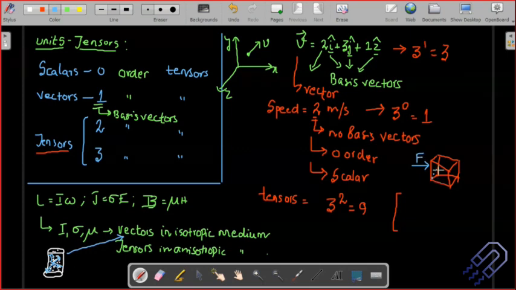Now the property that I want to measure is the pressure or the stress that the box is experiencing. The stress that the box experiences at this particular point will be different from the stress at this particular point. So in a way we can say that this is actually an example of an anisotropic medium.